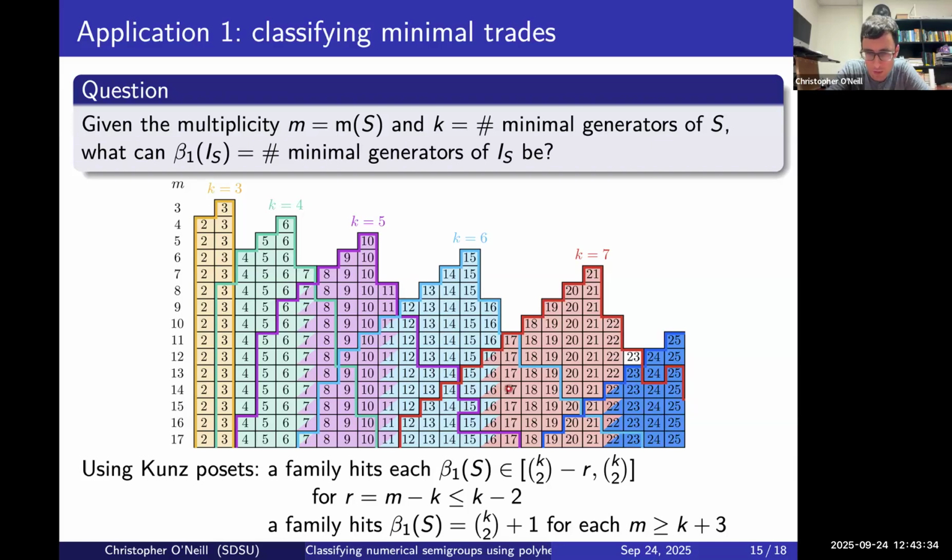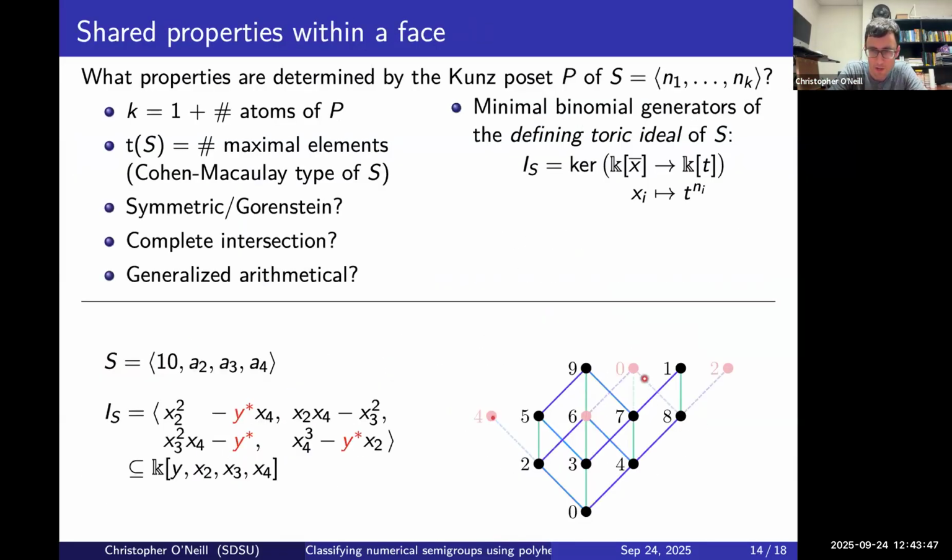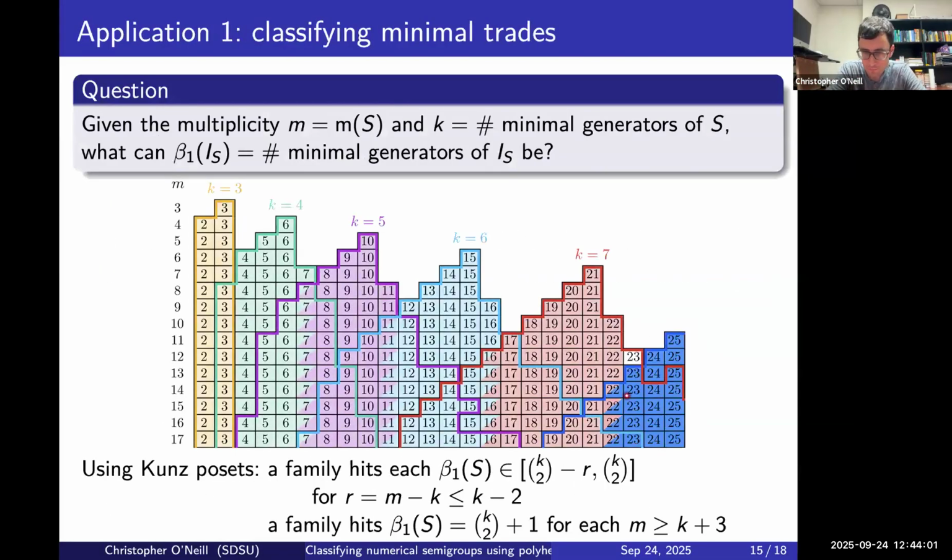And one of the reasons we were able to do this is that if all you're interested in is the number of minimal trades, you don't actually have to look at trades. All you have to look at is the Kunz poset, right? And I'll skip back to a picture here. You have to be able to figure out where each of these trades lives and then count.